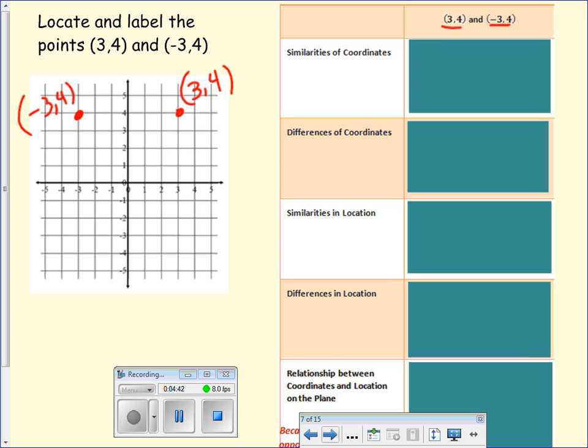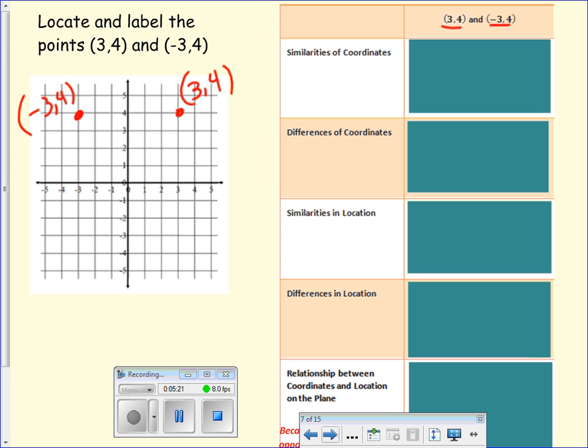Instead of saying they're both the same distance from 0, let's say they're both the same distance from the y-axis, and let's get more specific: 3 units away from the y-axis.